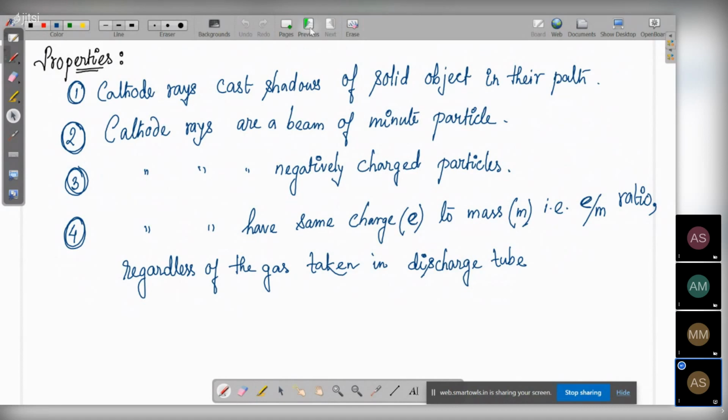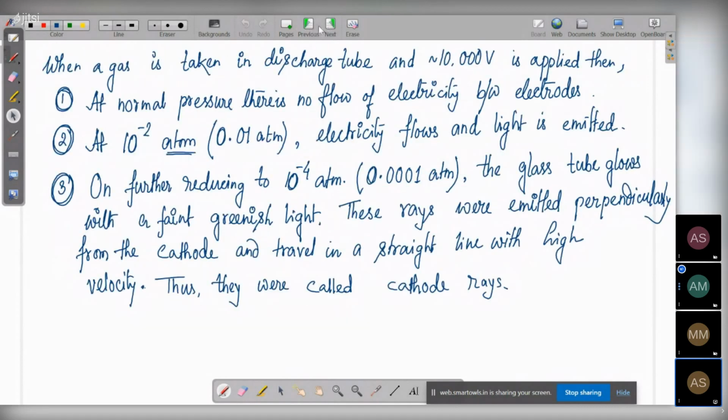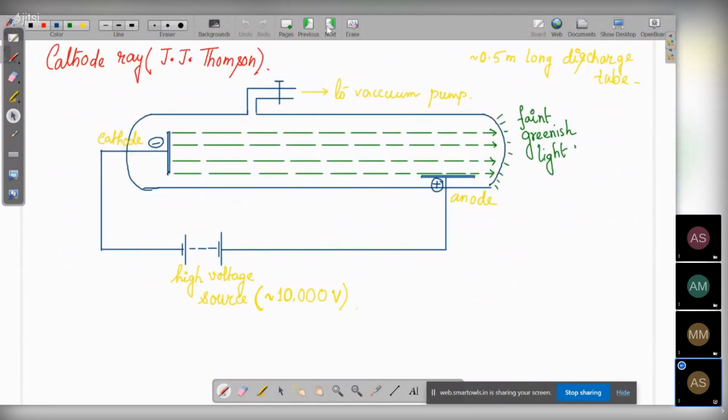Sir, why does the glass tube glow with a faint greenish light? Yes, the glass tube is glowing with a faint greenish light. See, Thomson could not explain that one. With that scientific knowledge, he could not explain why the glass tube is glowing. But today, with our scientific knowledge, we know that cathode rays were basically electrons. So cathode rays were later renamed as electrons.